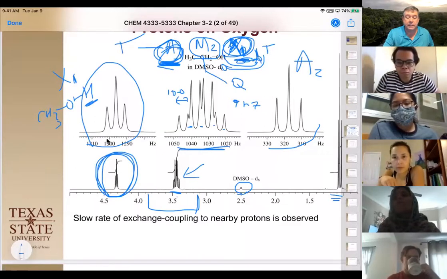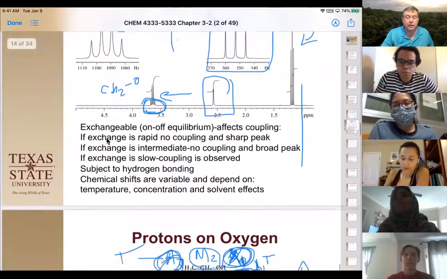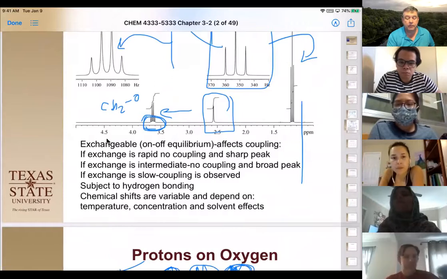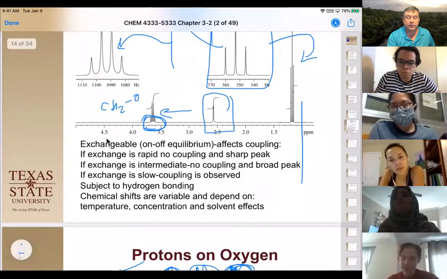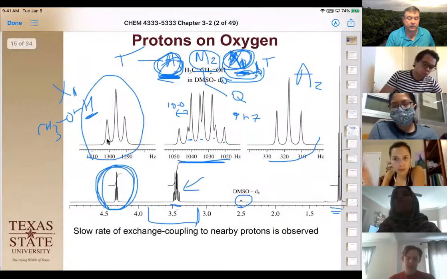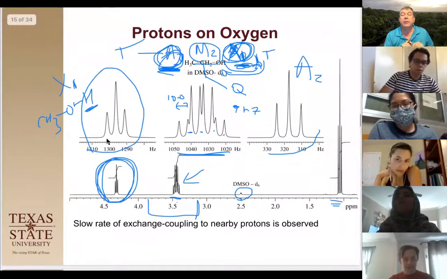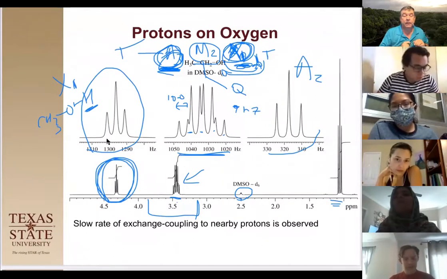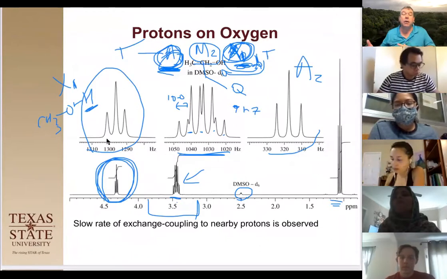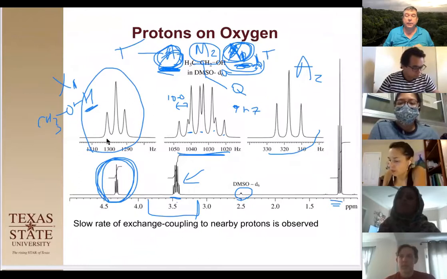Okay, notice that that OH peak shifted in this chloroform. It's down about 2.55. Okay, in DMSO, because of the different exchange, it's way up here at 4.3. Okay. So OHs and NHs are prone to great shifts depending on solvent and its availability to hydrogen bond.